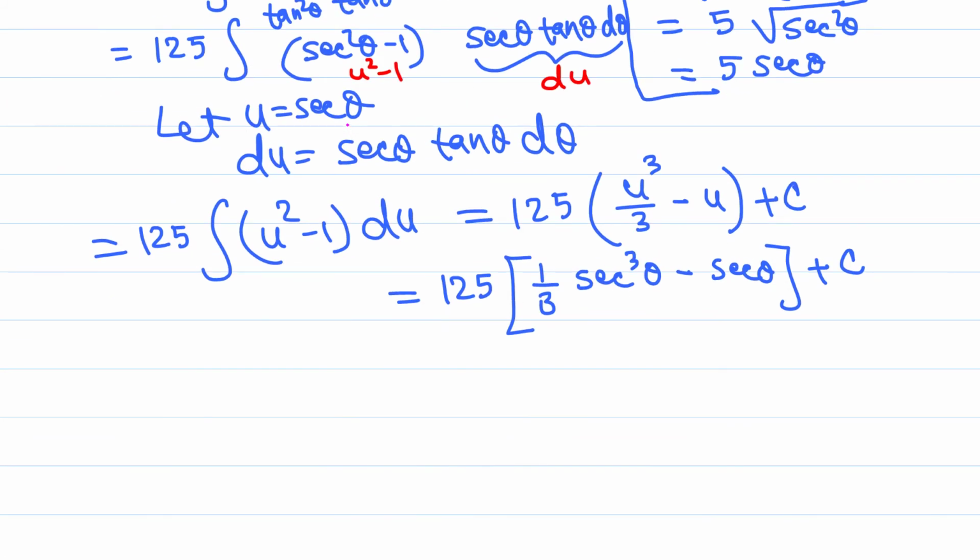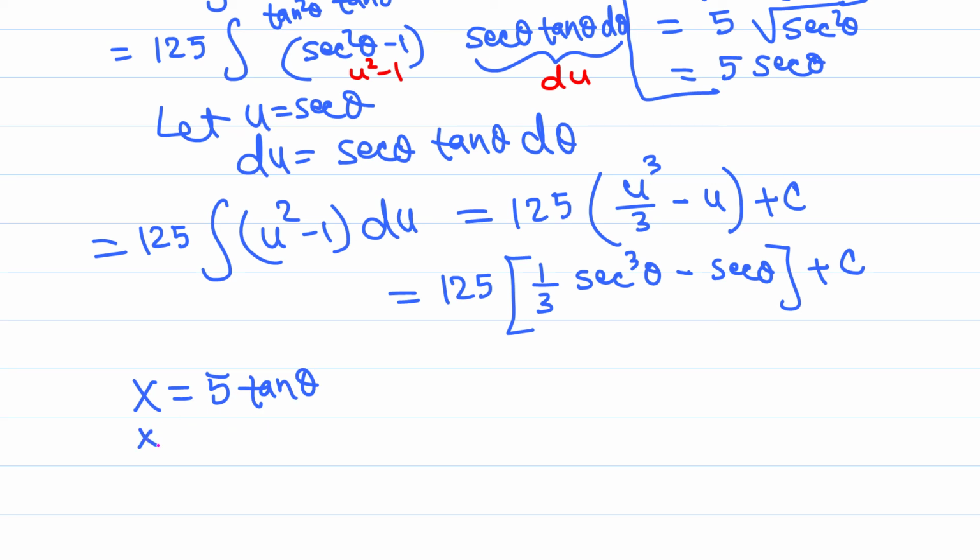So x equals 5 tangent theta. So original assumption was x equals 5 secant theta. No, sorry, 5 tangent theta. My bad. x was 5 tangent theta. Based on this, we can make a right triangle.